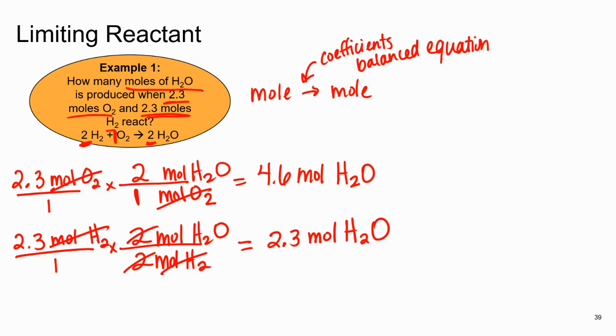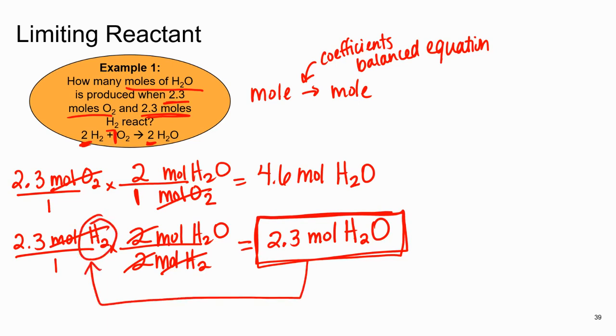Now here's the thing with stoichiometry problems, we can only make the lesser amount. With our limiting reactant problems, we can only ever make the 2.3 moles of water. At that point, we will run out of hydrogen. So hydrogen is our limiting reactant.